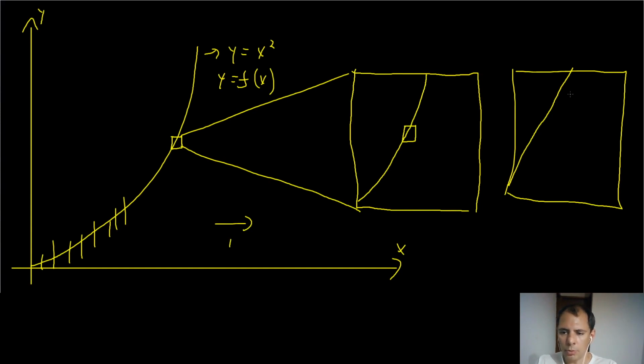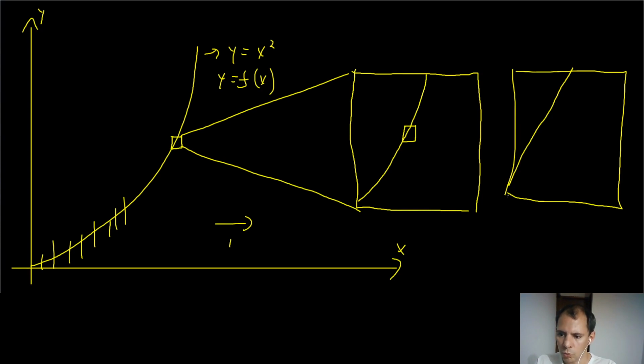And how many units is it going to be up? Well, as we zoom in infinitely closer, just for that little part in there, this curved line is going to look like a straight line. So we can calculate it.